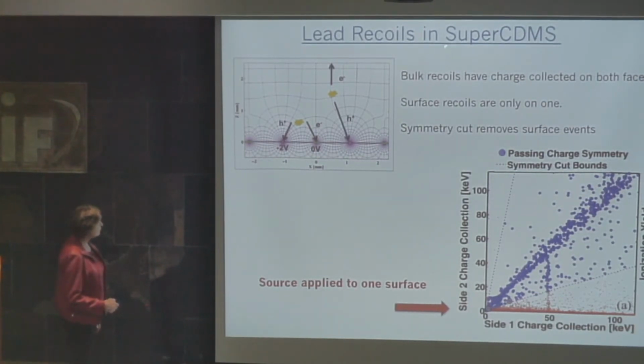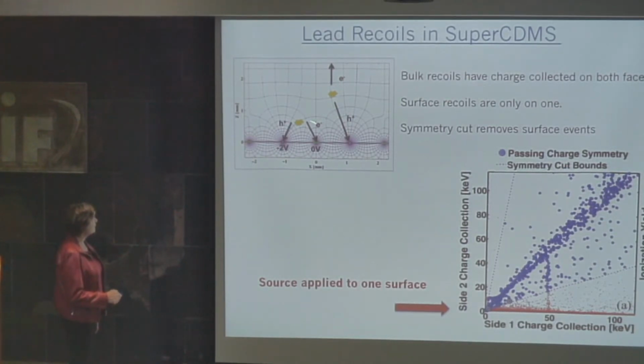We also have lead recoils in SuperCDMS, and we actually use them to do one of our calibrations. Here is a picture of the field shaping we do to get rid of surface events. This is a bulk interaction where you have the electron and hole pair going to opposite sides of the crystal.